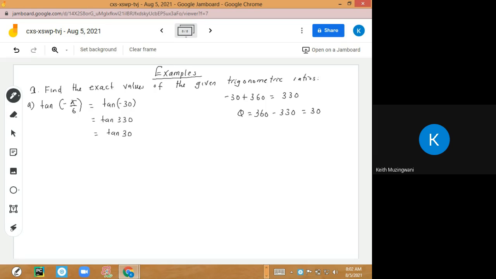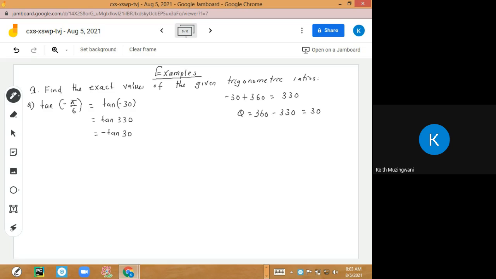So when I switch from a coterminal angle to a reference angle, I must indicate the sign of the quadrant. So tan is negative in the fourth quadrant. Because 30 is coming from the first quadrant where everything is positive. Remember, sine, cos, sec, cosec, tan, cot, they are all positive in the first quadrant, meaning that they are all positive for all the reference angles.